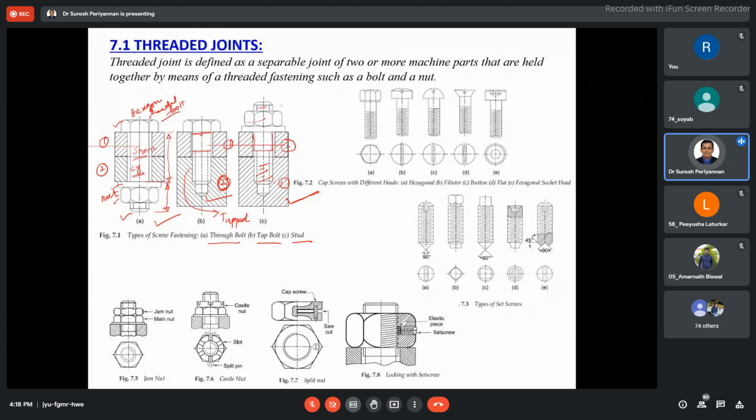Then it is better to avoid the stud. Suppose you are taking stainless steel or mild steel, then it has more strength. Then you can use this kind of stud joint, because the material has more strength. Even if you are preparing the internal threads, it will be better. Then better strength can be obtained while joining these two components.